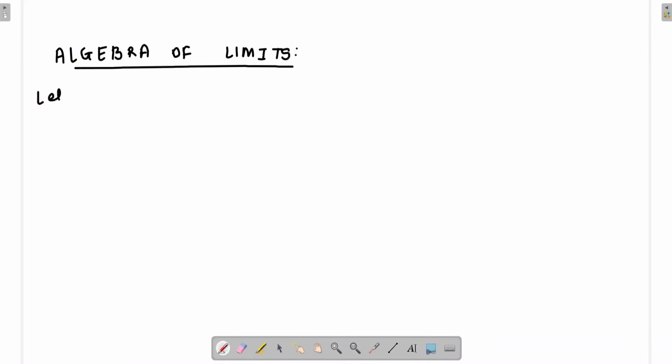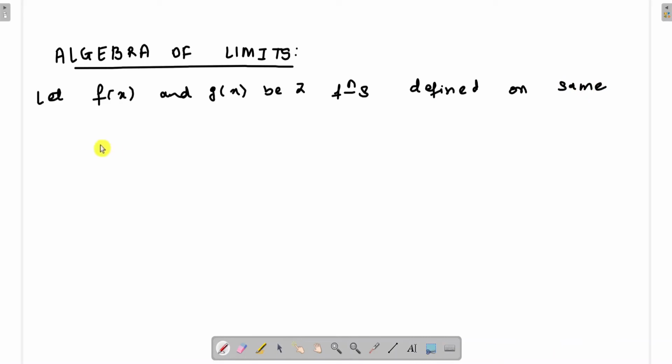So let f(x) and g(x) be two functions defined on the same domain.